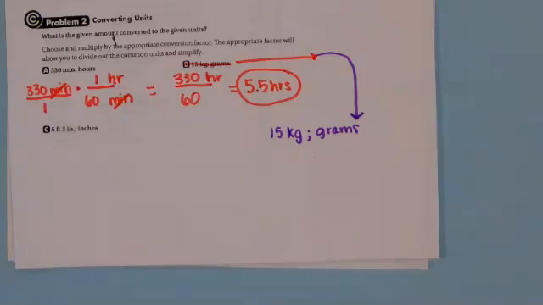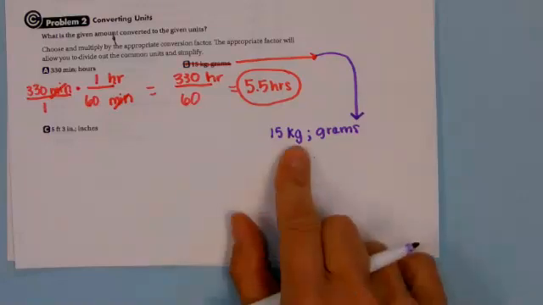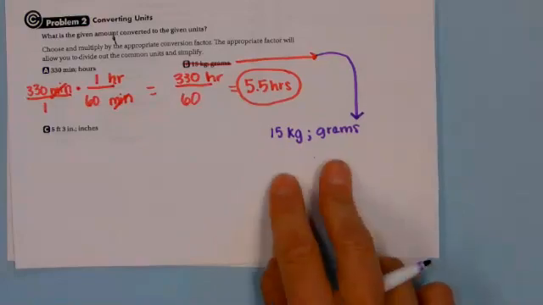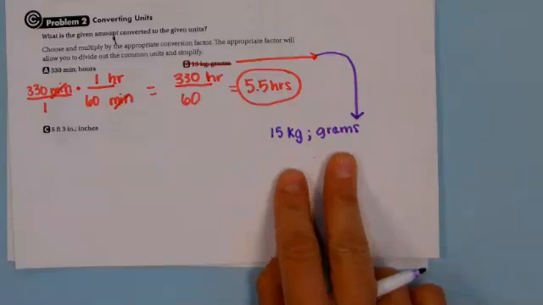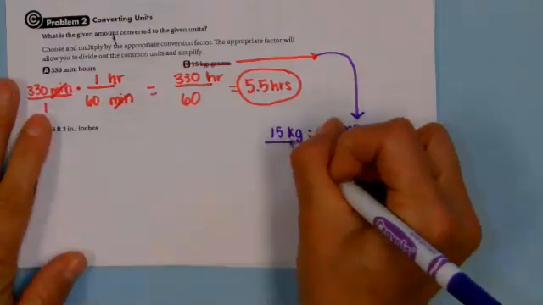What is it, David? 1,000 what? Grams to 1 kilogram. That's right. So does that mean now if you're doing this in the fast way, right? Does that mean to multiply or divide then? Multiply. Okay. You would multiply, right?